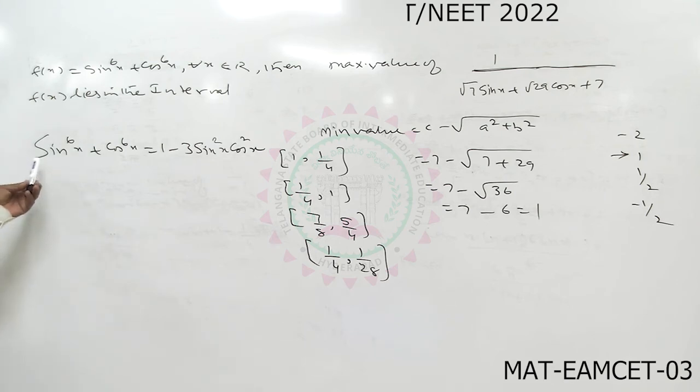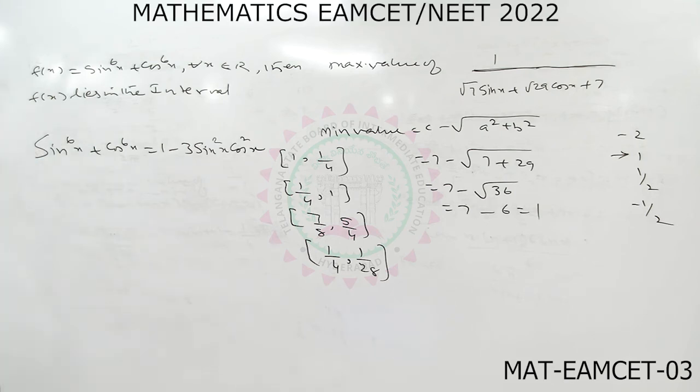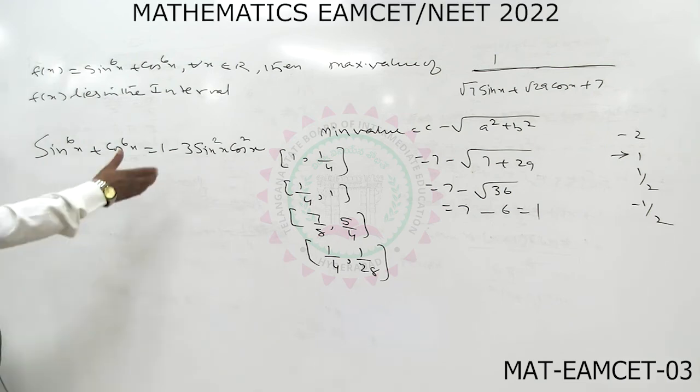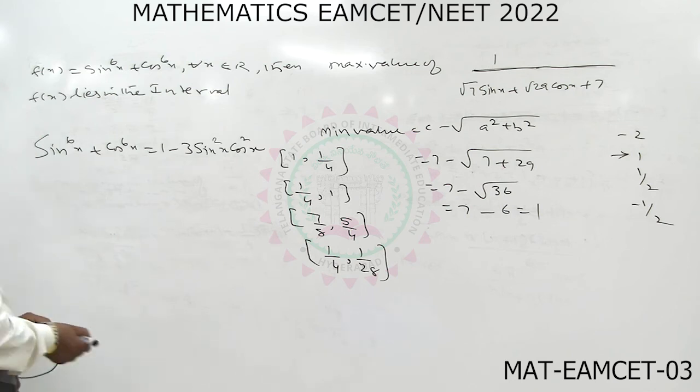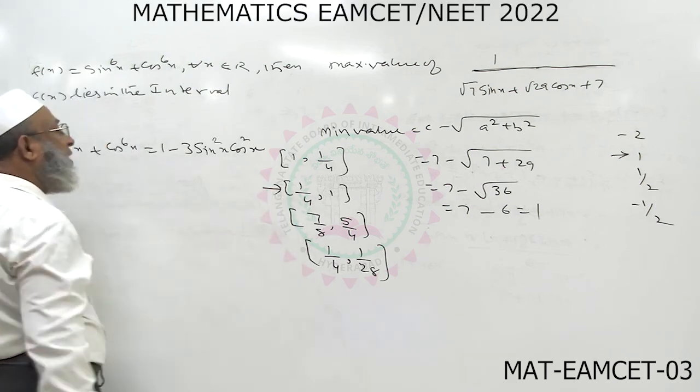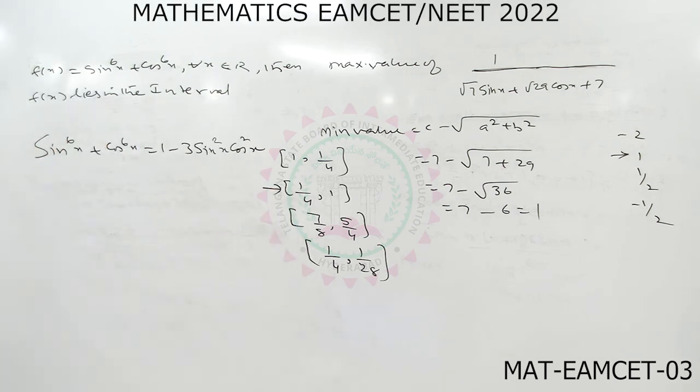It is of the form a cube plus b cube, which you write as a plus b into a square minus ab plus b square. On simplification, you get this. Therefore, the question reduces to 1 minus 3 sin square x cos square x. Then you have to find the maximum and minimum value. Therefore, the answer, which you have to remember, is 1 by 4 comma 1. That is, 1 by 4 is the minimum value, 1 is the maximum value. So this is the range.